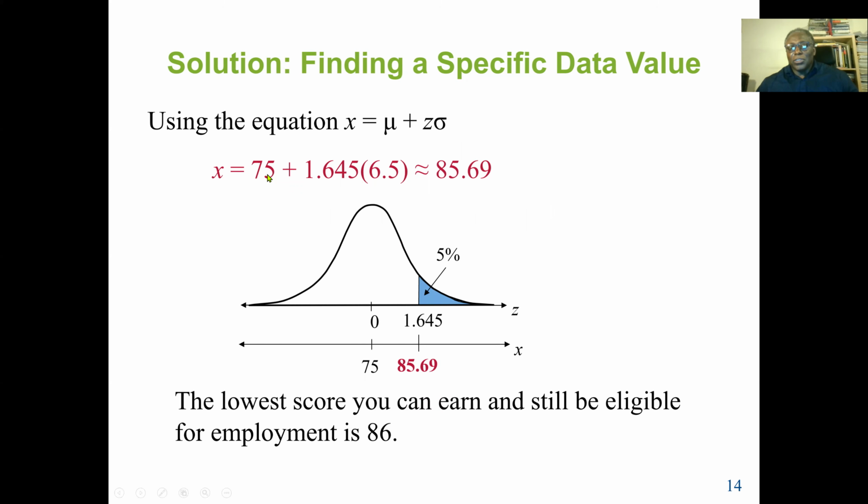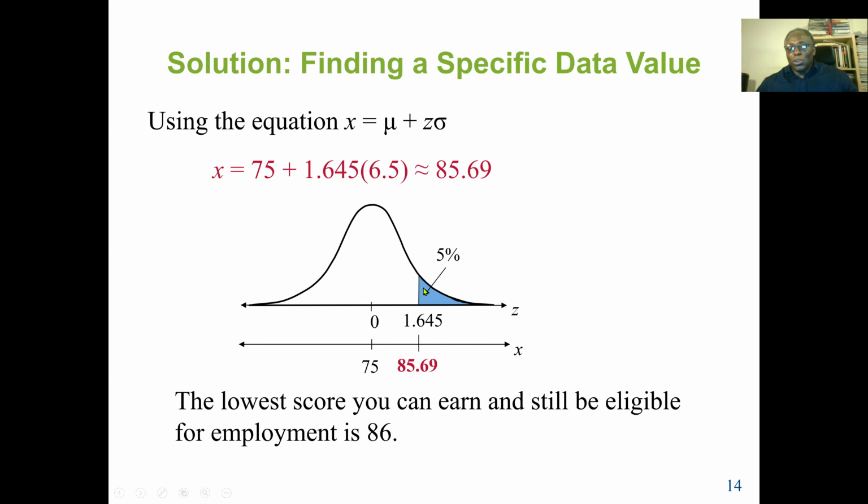And the z value is the average based on the p value in the table. So we get 1.645. So the lowest score you can earn and still be eligible for employment will be 86, because we get the x value.